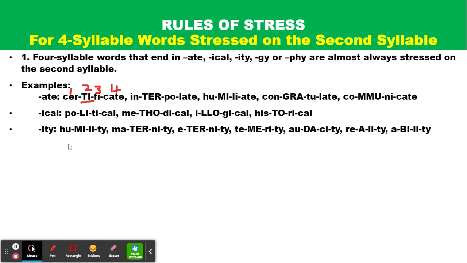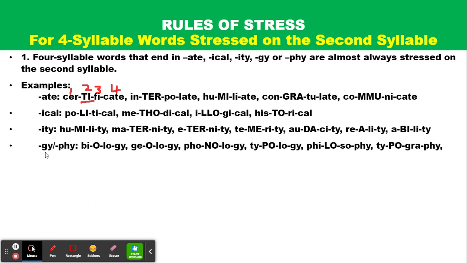Now, for words ending in ity, you have humility, then maternity, then eternity, temerity, audacity, reality, ability. Okay?